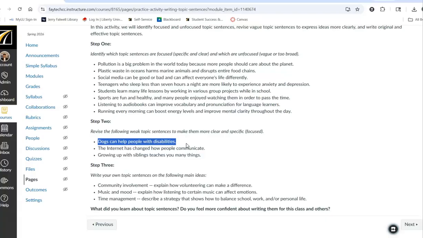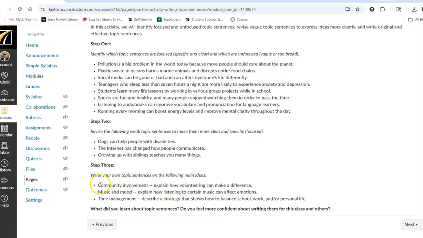That's more specific. Why? Because we're talking specifically about not just any dog, but a service dog can help what kind of person? This kind of person with what kind of task? This kind of task. Okay, so you can see how we can make it more specific. Try that with the next two.